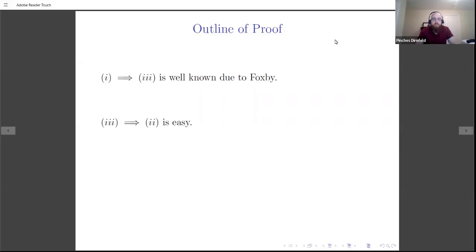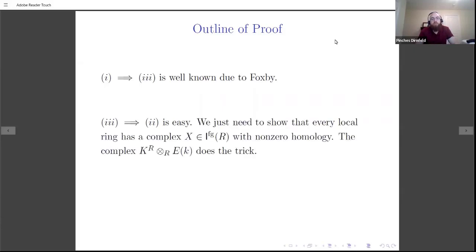Three implies two is easy. The only thing we need to show really is that every local ring has a complex in IFG(R) with non-zero homology. If you take the complex K^R, which is the Koszul complex on the minimal generating set of the maximal ideal, and tensor that with the injective hull E of the residue field, it's not too hard to show that this has non-zero homology, and then E is Artinian.